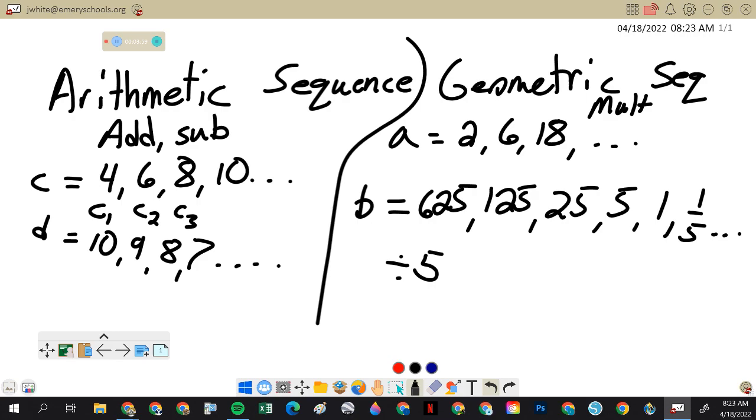You can create this pattern by dividing by 5, but we never divide with geometric sequences. So we say the pattern is multiply by 1/5. We do that because division can make it easy to make a mistake inside our formulas as we study geometric sequences. Okay, is that all reviewed to you guys?